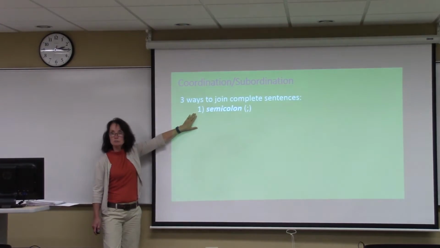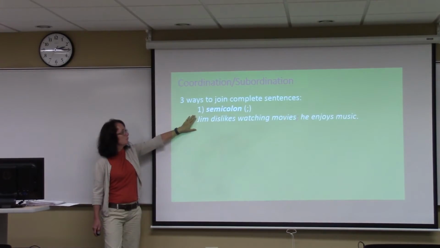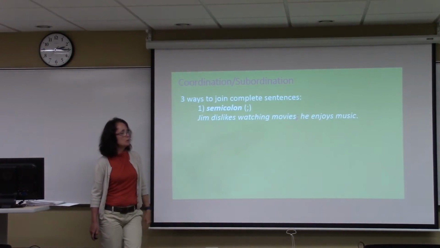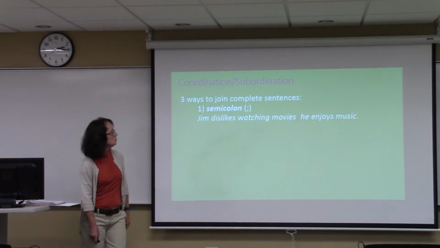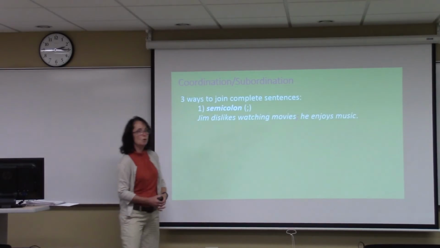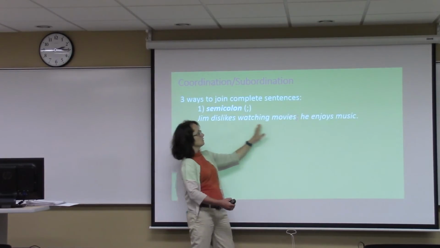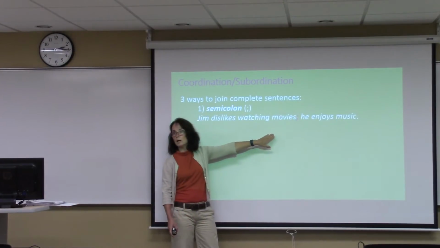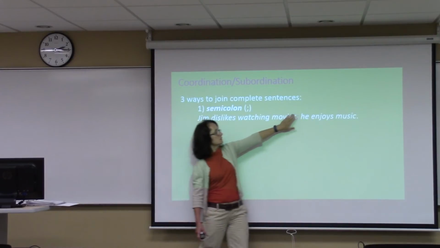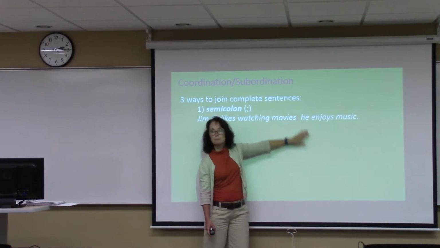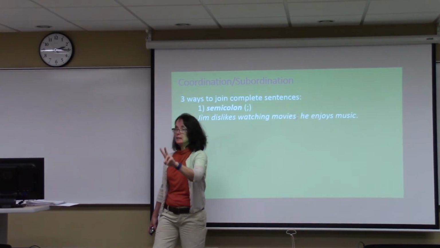A semicolon, this is on your handout as well. Jim dislikes watching movies. He enjoys music. So, first up, if I cover the semicolon, does this first part of the sentence make a complete thought? Yes. Does this second part? Yes. So we do have 2 complete sentences.